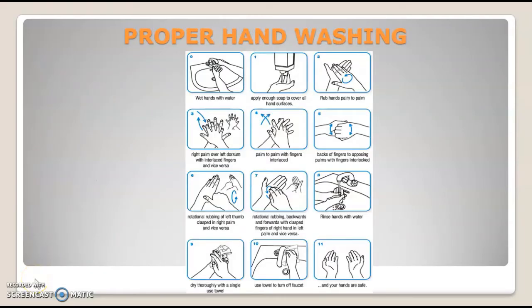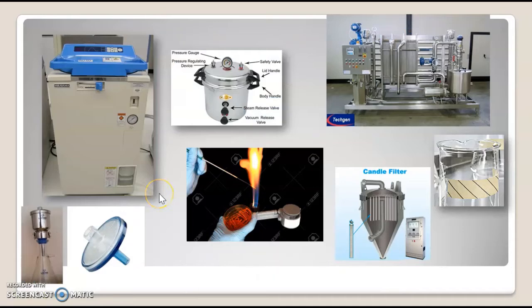In a microbiology lab, it is important to maintain a sterilized environment prior to conducting any microbiology work. Three areas need to be sterilized before conducting microbiology lab. The first is your hand. The second is the apparatus that you're going to use.